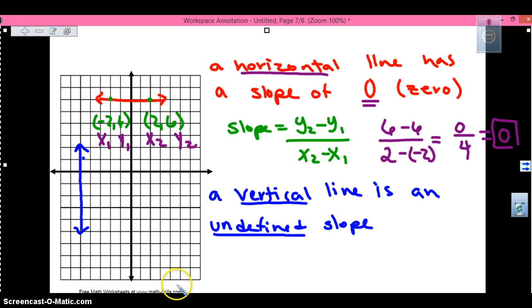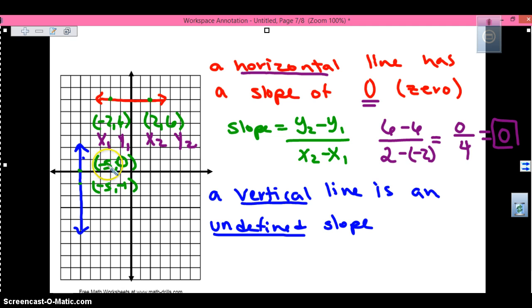So let's see why the vertical line has an undefined slope. We're using the same formula, y sub 2 minus y sub 1 over x sub 2 minus x sub 1. We take two ordered pairs on this line. You can say -5, 0, and -5, -1.